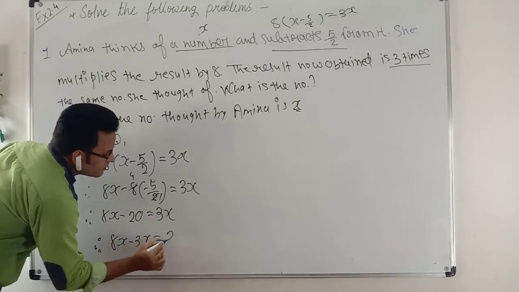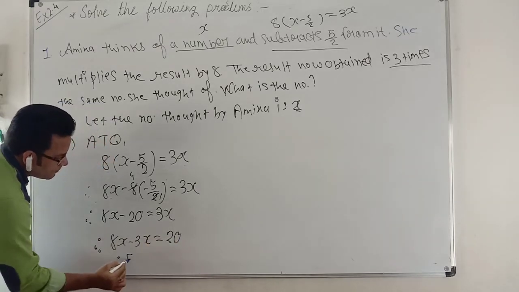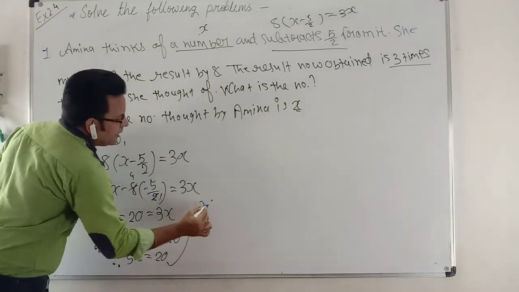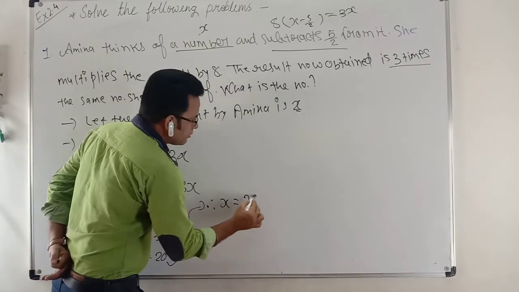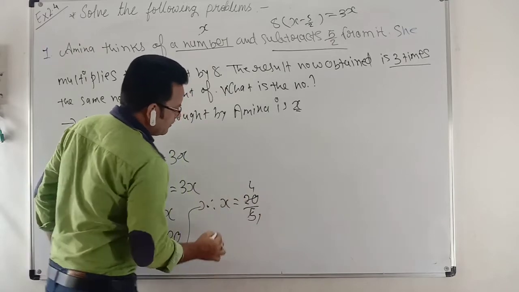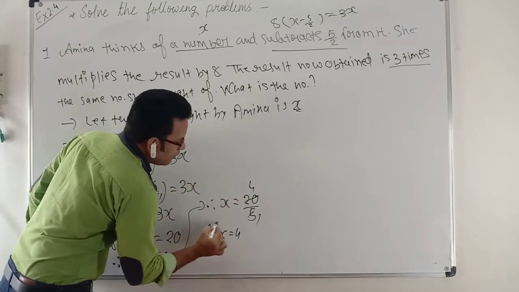Negative 20 becomes positive. 8 minus 3, 5x. 5x is equal to 20. And therefore, x is equal to 20 upon 5. 5 fours are 20. Therefore, x is equal to 4.